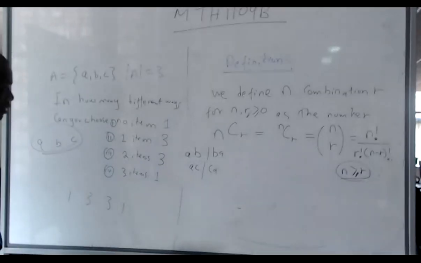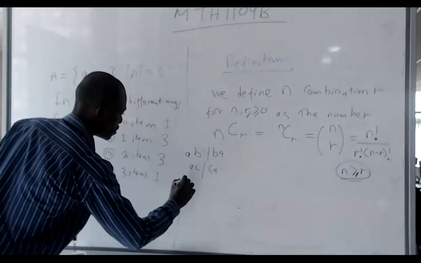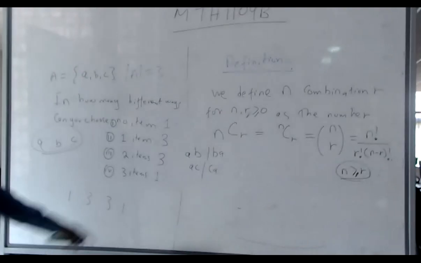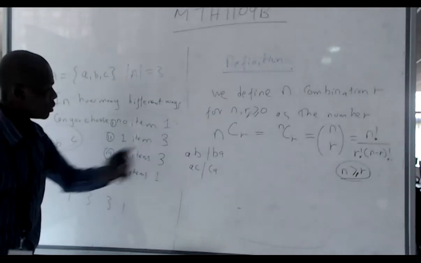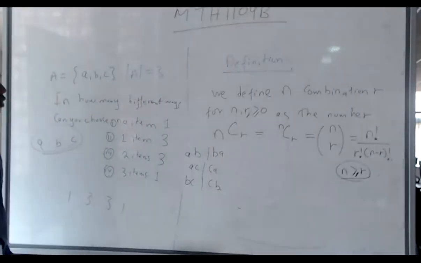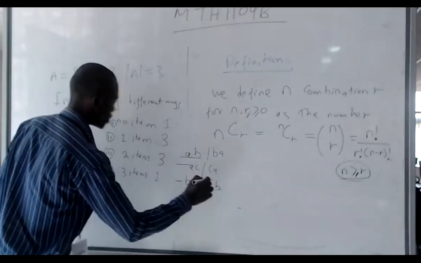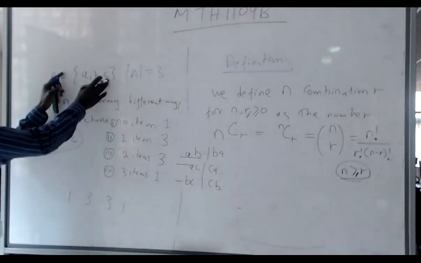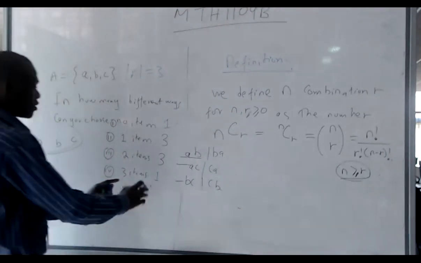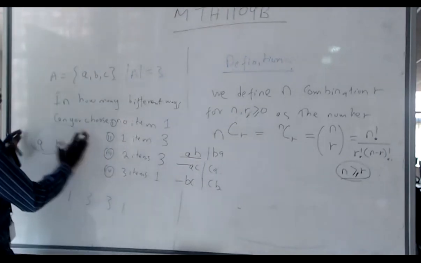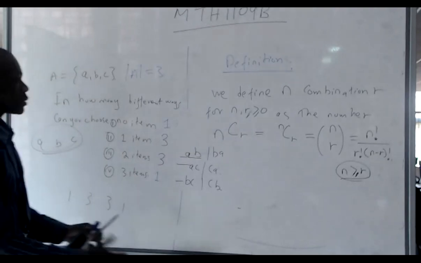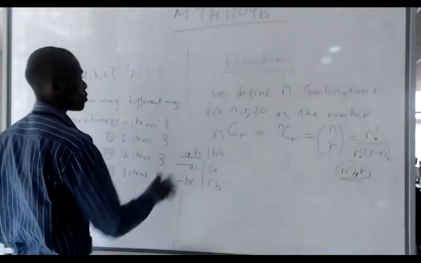Or B and C. So there are only 3 ways of choosing 2 items from this set. And then 3 items, you can only choose everything in the set, and that's only once.